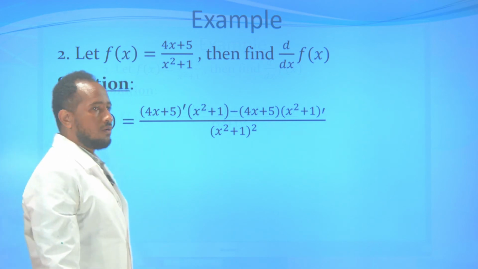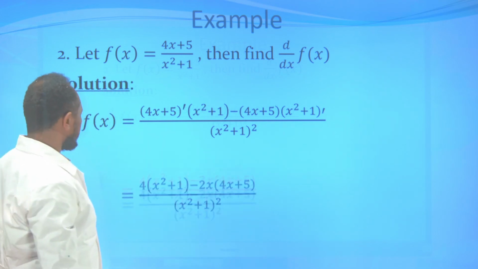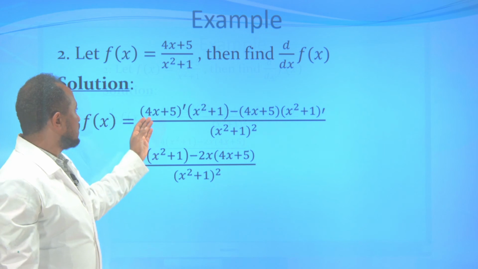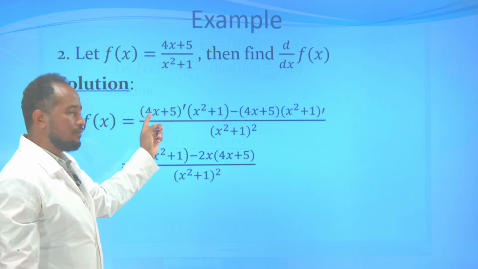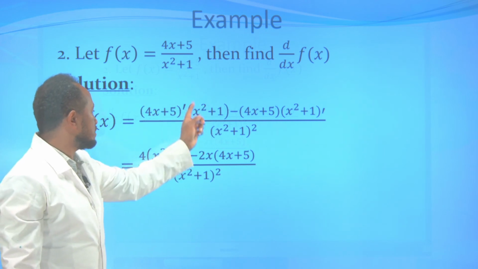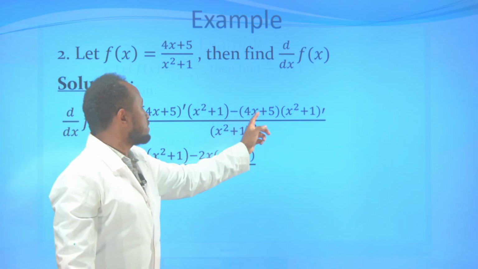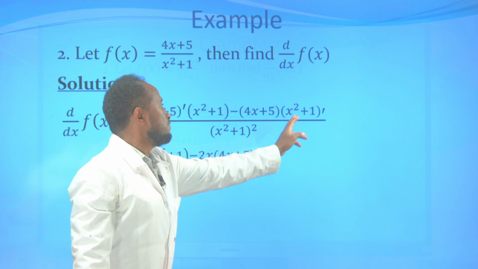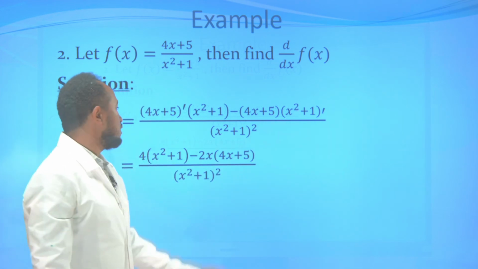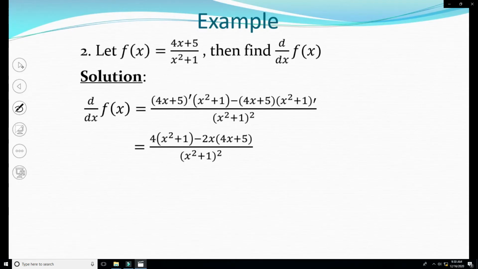So from this, the derivative of the numerator is 4, so 4 times x squared plus 1, minus 4x plus 5 times the derivative of x squared plus 1, which is 2x. So I have 2x times 4x plus 5, divided by x squared plus 1 squared.